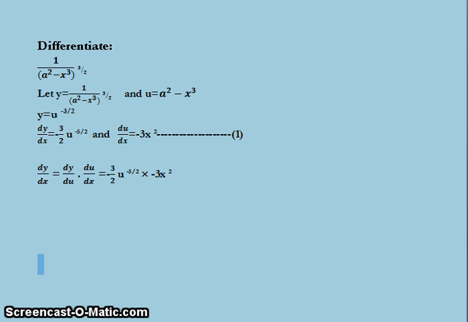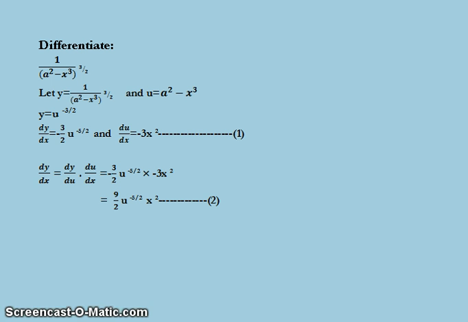This can be simplified and rewritten as 9 by 2 u to the power minus 5 by 2 into x square. Next we substitute the value of u, labelled as equation number 2, which gives 9 by 2 a square minus x cube whole to the power minus 5 by 2 into x square. This can be further simplified and written as 9x square divided by 2 into a square minus x cube to the power 5 by 2.